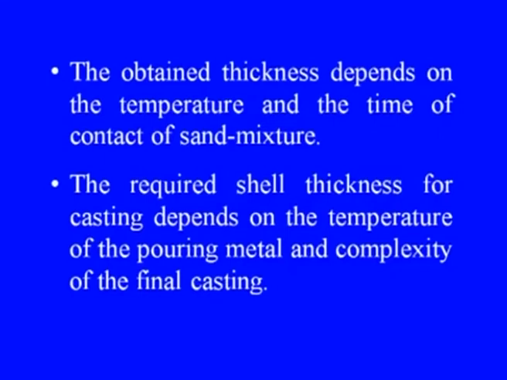The obtained thickness depends on the temperature and the time of contact of the sand mixture. The required shell thickness for casting depends on the temperature of the pouring metal and complexity of the final casting. The shell thickness can range from 2 to 8 millimeter depending on the requirements.